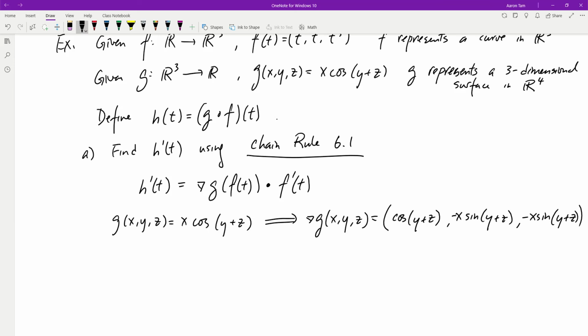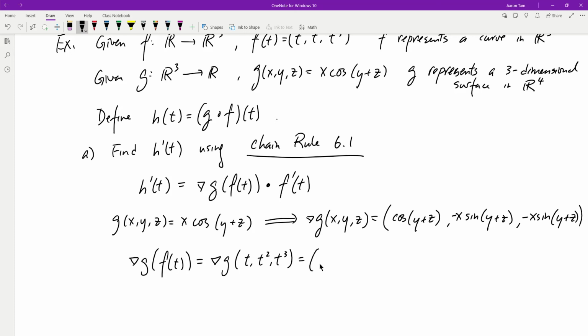Now I need to form the gradient of g at f of t. What is that going to be? It means the gradient of g at (t, t squared, t to the third), where t, t squared, and t to the third just take the places of x, y, and z.